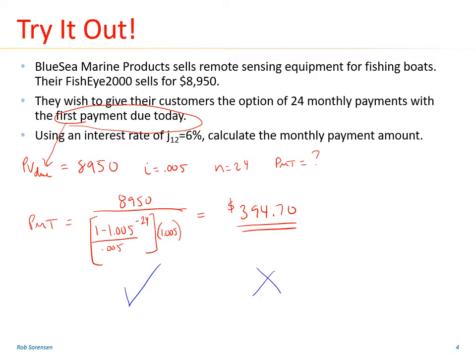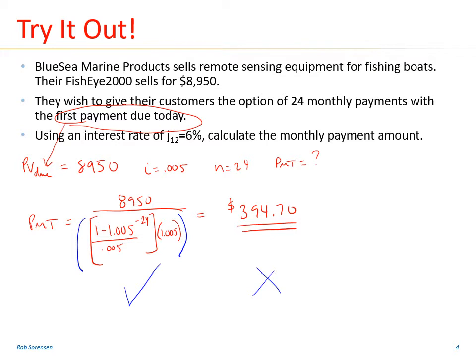You know, what you did, you went 89.50 divided by everything in square brackets, and then you went times 1.005. Well, that's actually moving the 1.005 to the top. How do you keep it on the bottom? That's what I was mentioning earlier. You go ahead and you put brackets around the entire denominator, and then you can keep it down below.